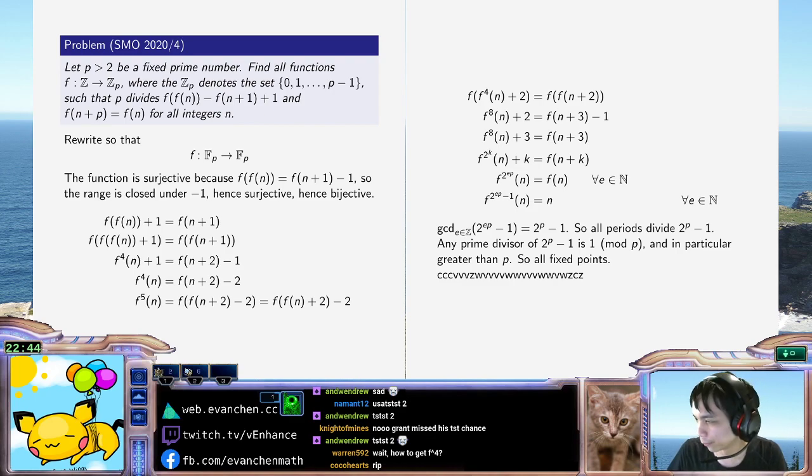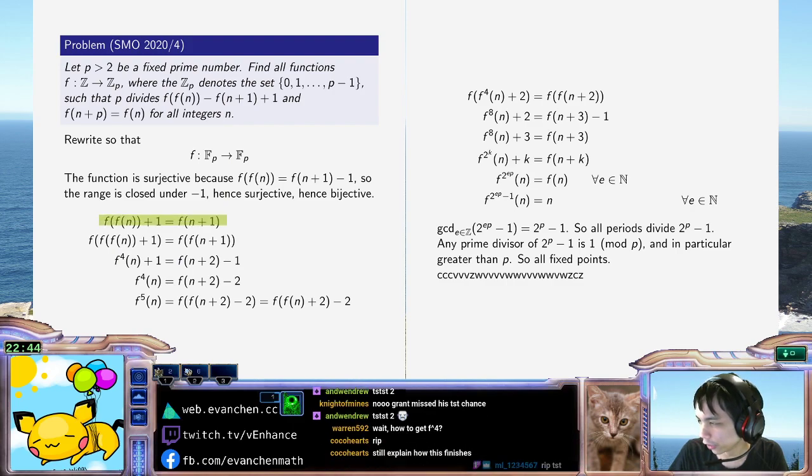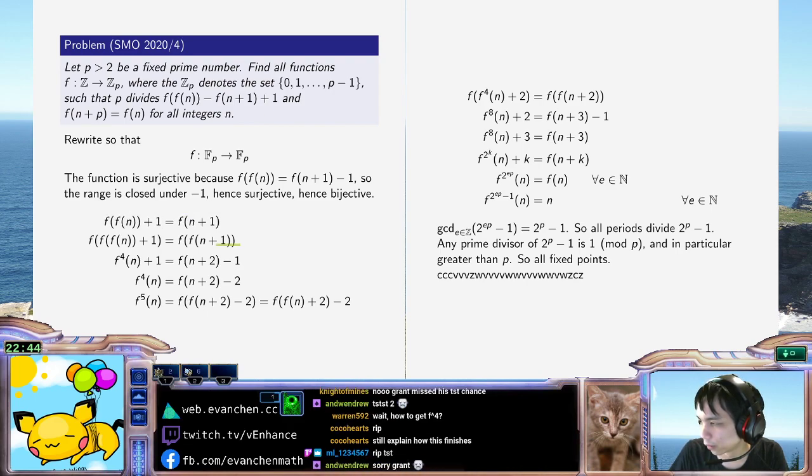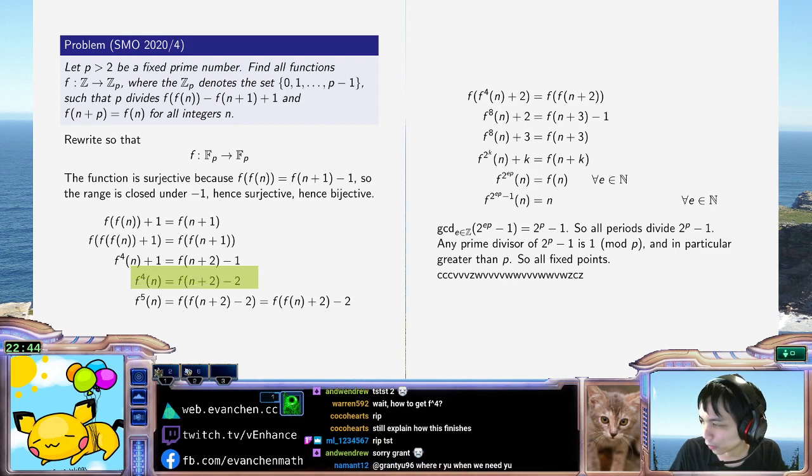Yeah, so what happens is, once you have f squared of n plus 1 is f of n plus 1, I take f of both sides of that, and then parse it using like this. So here, if I put double f here, it gives you f to the 4, and then here is f of thing minus 1, so you get there, and then you kind of repeat it.